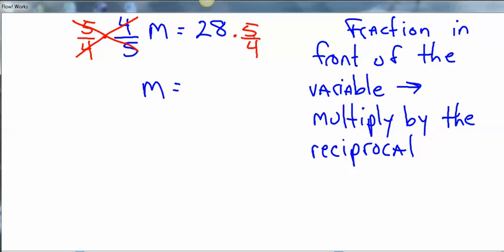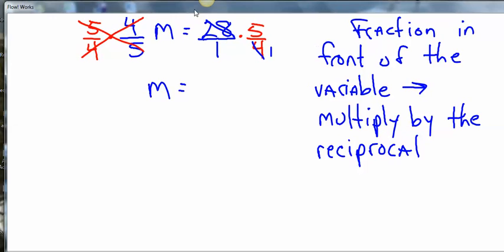On the right side of the equal sign, you can put your 28 over 1. 4 goes into itself once, and it goes into 28 7 times. 7 times 5 is 35. 1 times 1 is, do we have to put it there? No, you don't put it there. You're done.